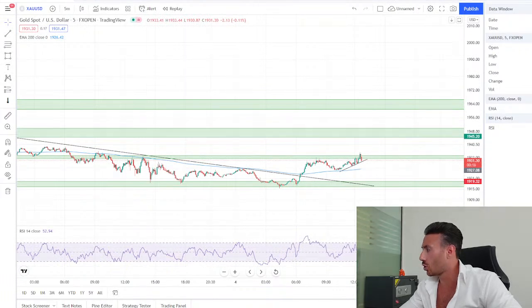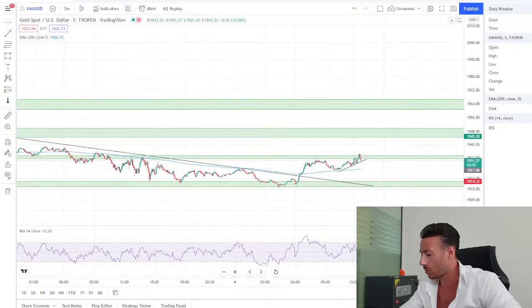I think gold is bullish on the long term, and I think the price is cheap compared to the market. I think gold can go to 2100 on the near term. Can go back to all-time high and break above it also.